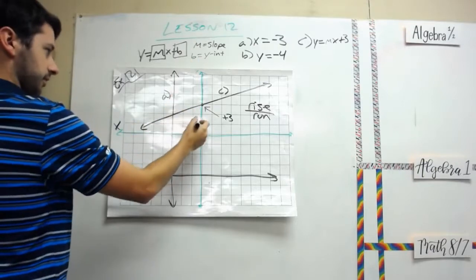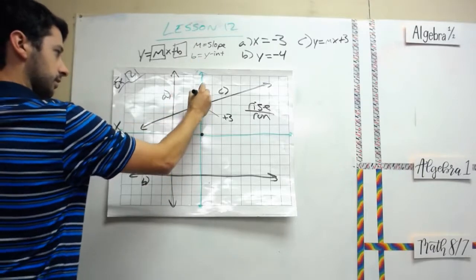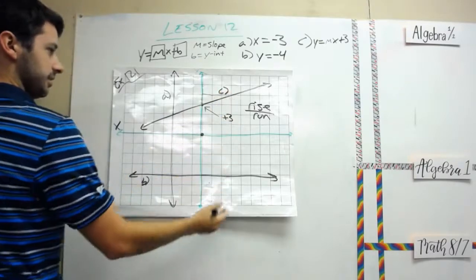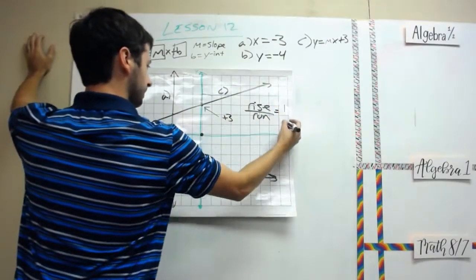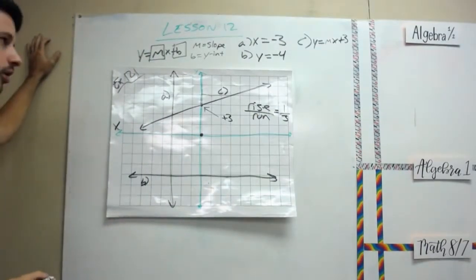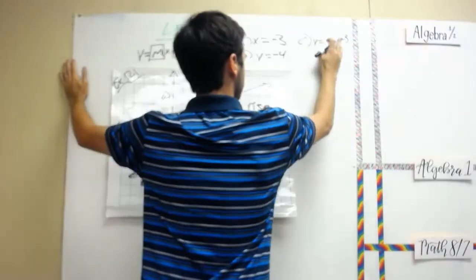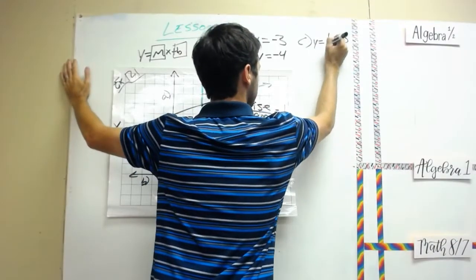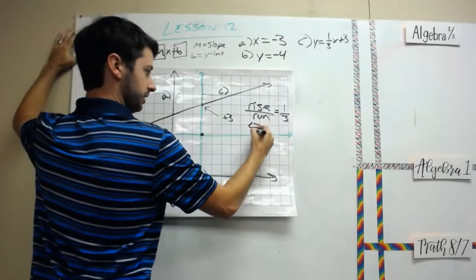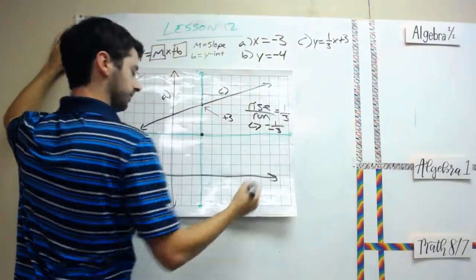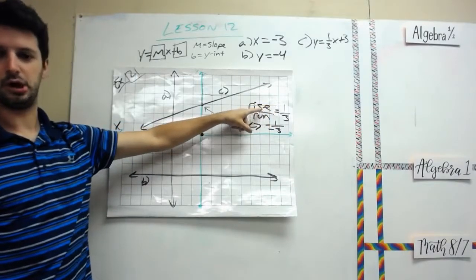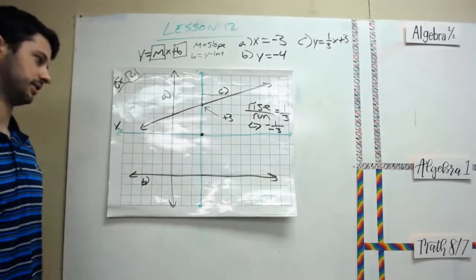Well, if I go up 1 and to the right 1, 2, 3, I see that my rise is 1 and my run is 3. So therefore 1 over 3 would be my slope. I would replace it here. If I went down 1 and to the left 3, that would be -1 over -3. And -1 over -3 is the same as +1 over +3 because 2 negatives equals a positive.